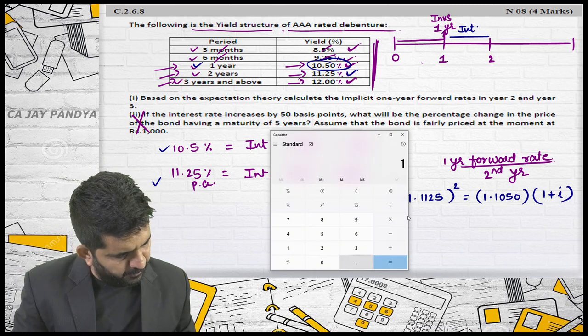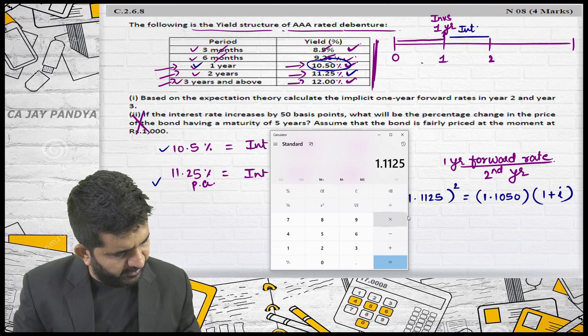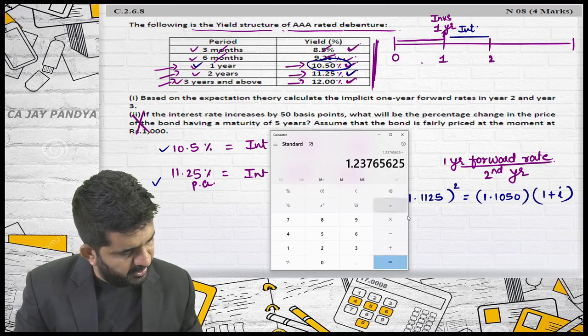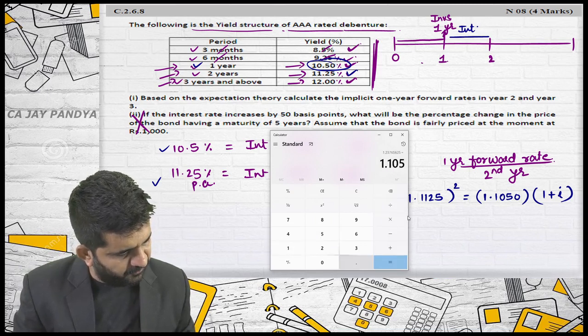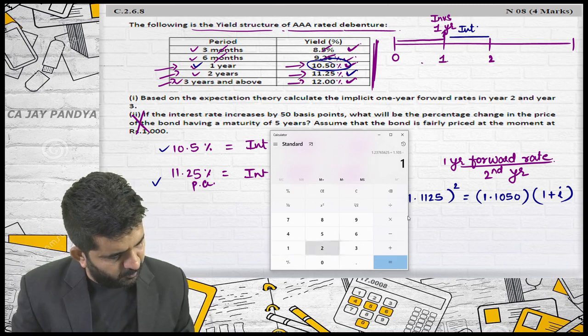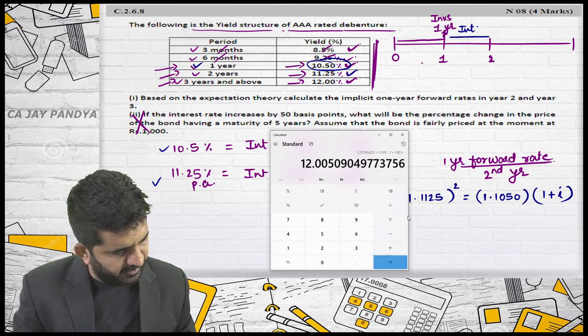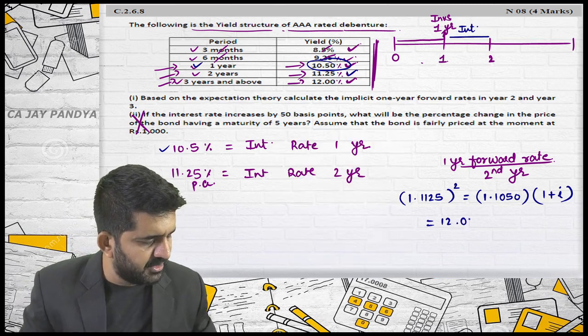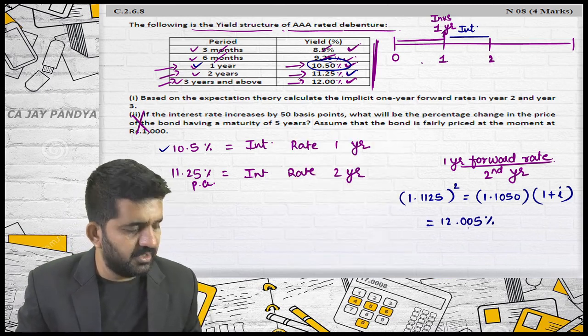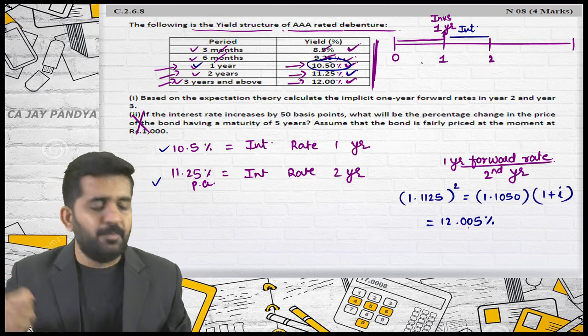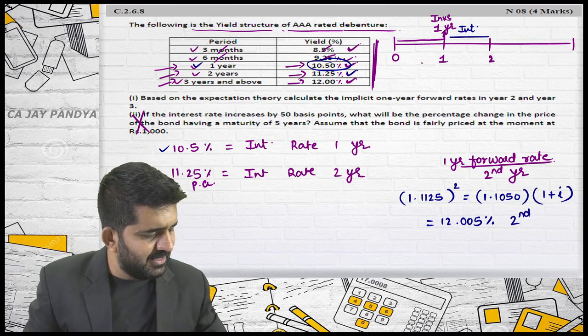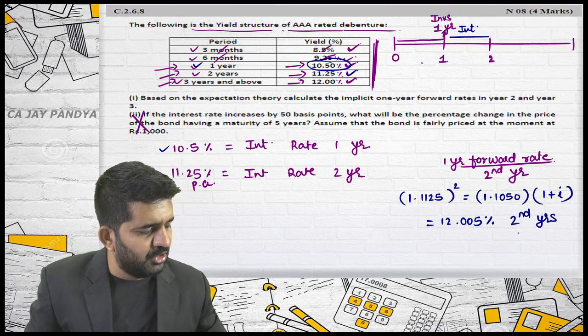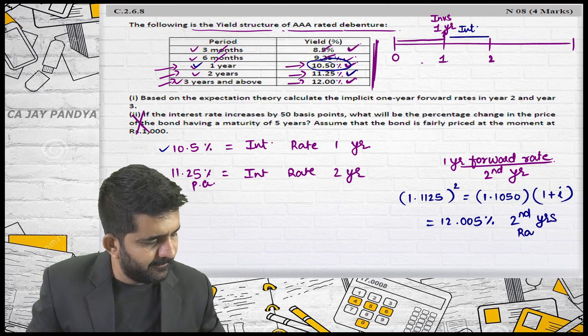It will be 1.1125 divided by 1.105, minus 1, multiplied by 100. It is 12.005%. Believe me, this is the second year's rate.